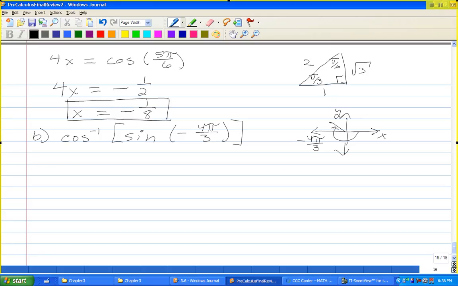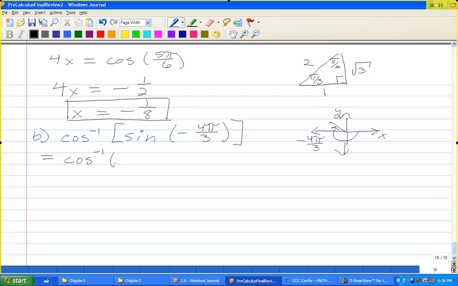And so this is going to be pi over 3. So I can just look up here. So this is equal to cosine inverse of pi over 3, and that's going to be sine is positive.